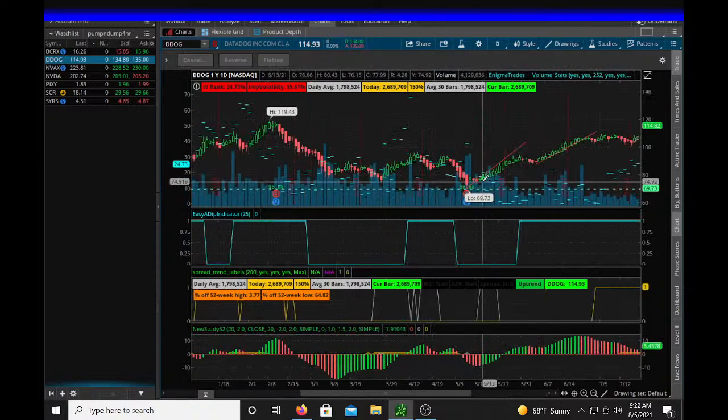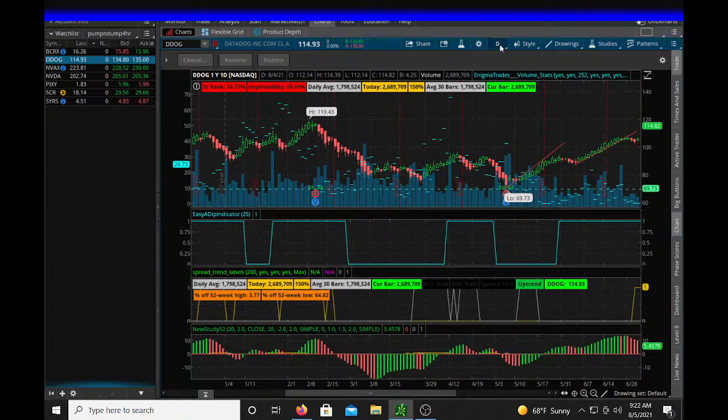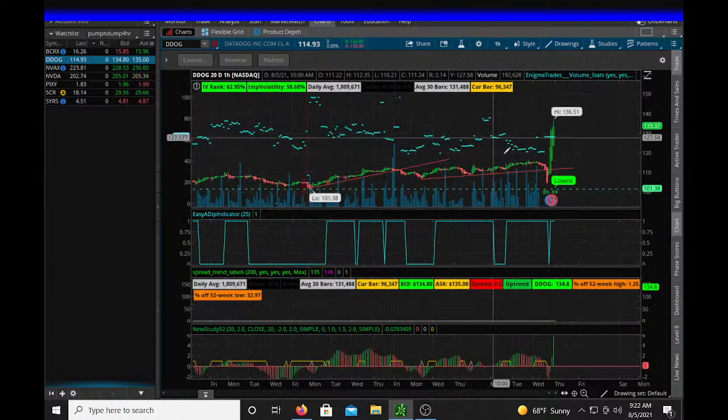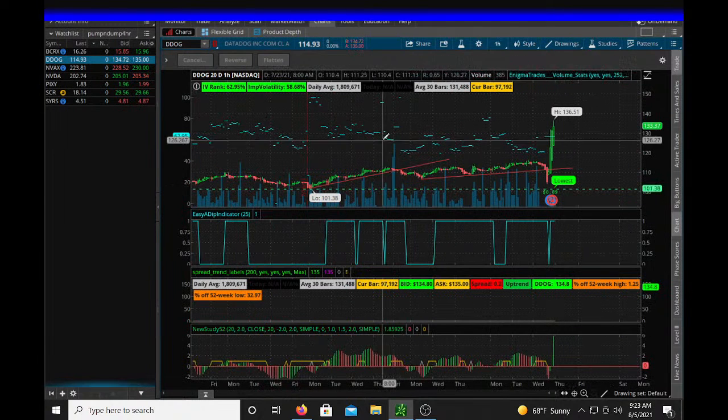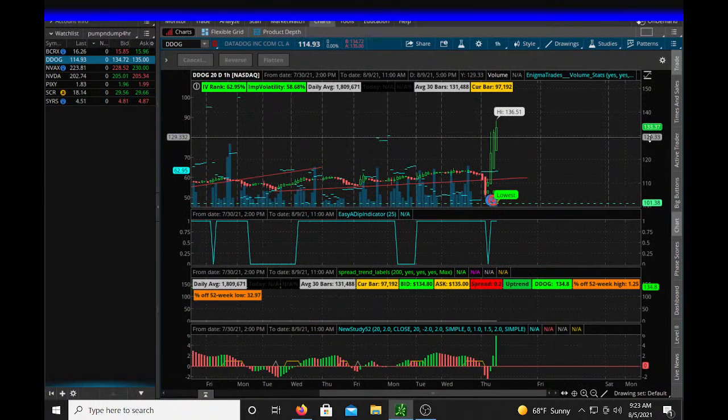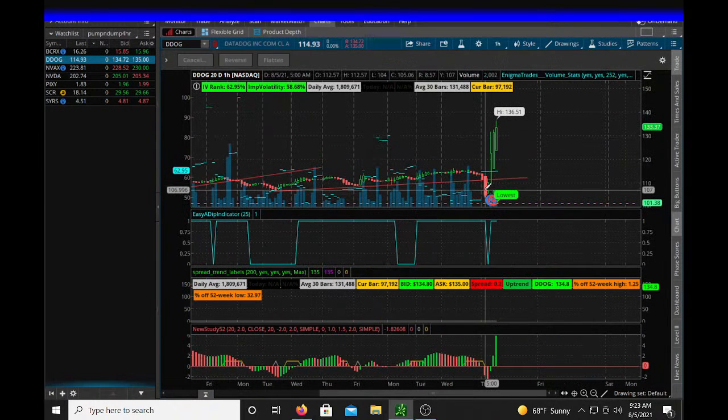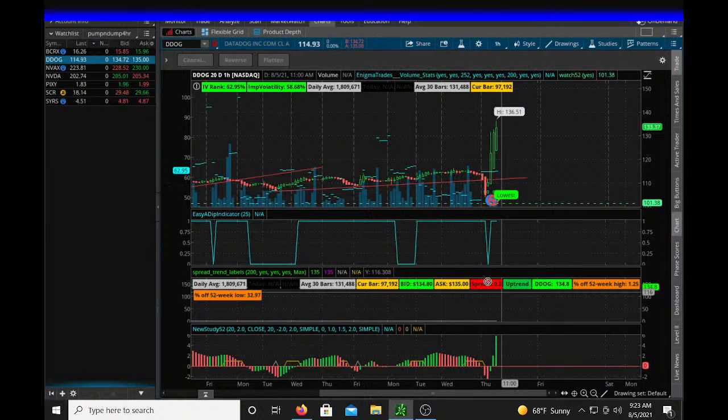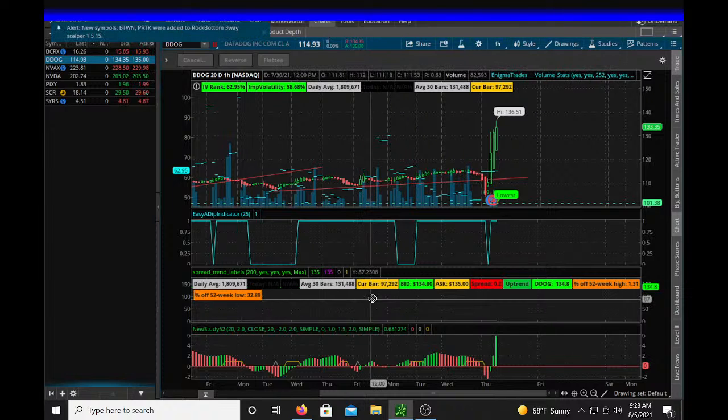Okay, so this looks like that just plots a nice line right across wherever your low is. So that's really nice of them, though. So you get your bid, you get your ask, you get your spread, uptrend, ticker symbol, and what percent off of the 52-week high and percent off the 52-week low, with your daily average, your current bars volume, and your average for the 30 days.